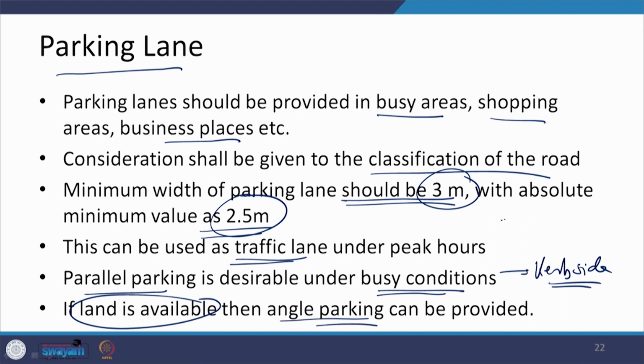So, what I mean to say is that if this is my curb side and this is a footpath, this is a curb. If it is a busy area, then the vehicles are going to be placed like this. But if the land space is available and we can afford it, then we can go with angled parking like this. So, these are the possibilities.